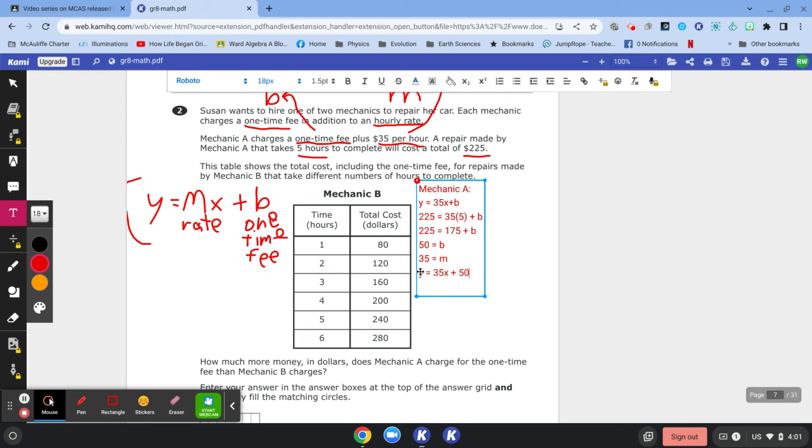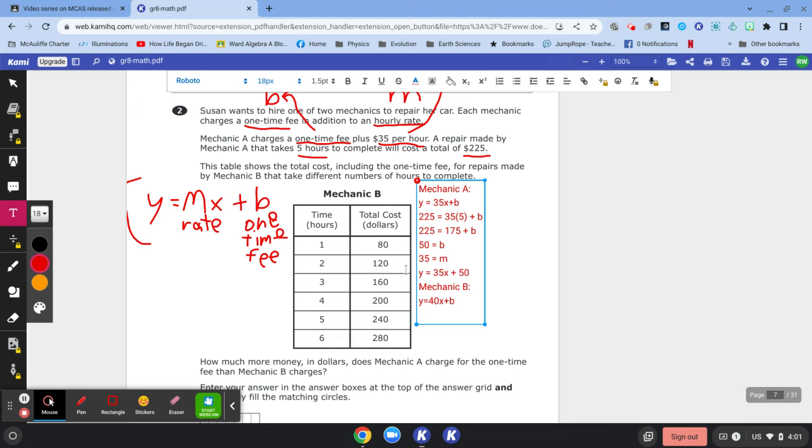So we can actually come up with a rate for mechanic B. Mechanic B has a rate of $40 per hour. So we're going to say Y equals 40 times X plus B. You may be able to mental math that mechanic B's one-time fee is $40 from this, but we can also use the information.